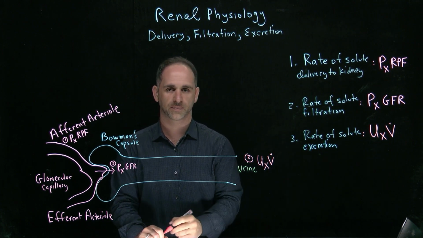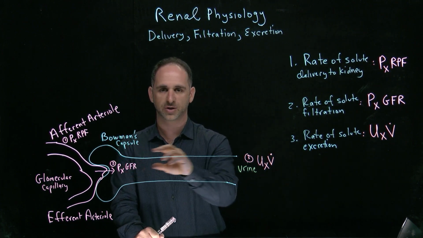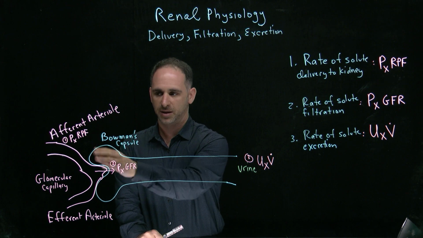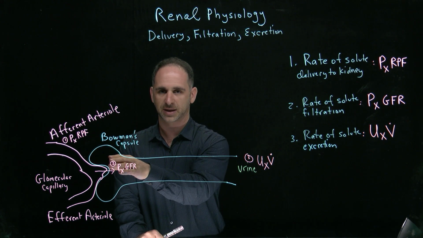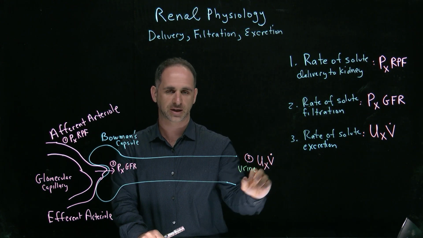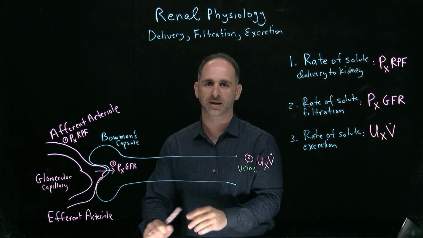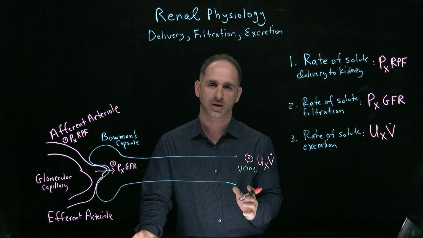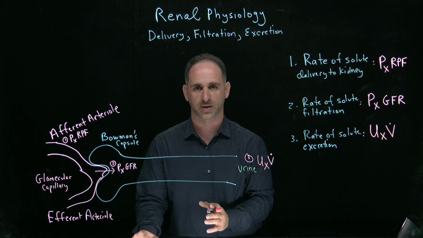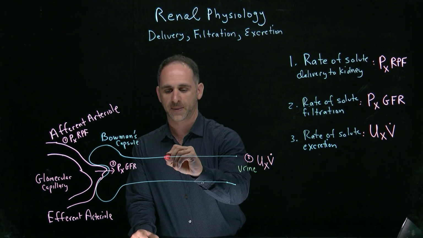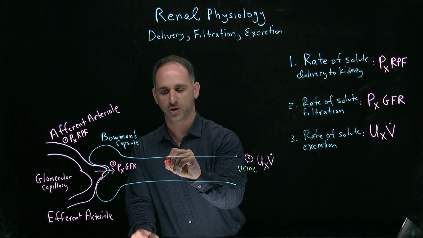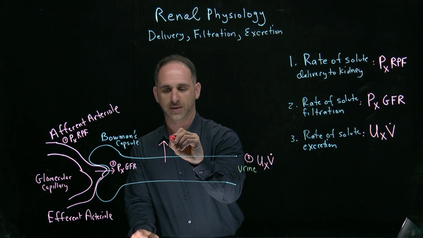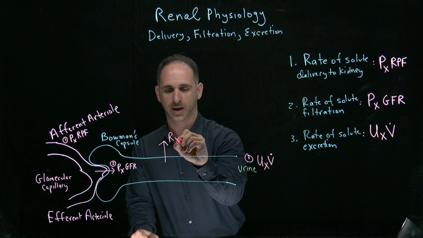Now that we've put together some of these major processes, delivery of X to the kidney, filtration, and excretion, we could also add a little bit more in between, and we know that for X, it's possible that X could be transported, right? So it's possible that X could be reabsorbed, okay?